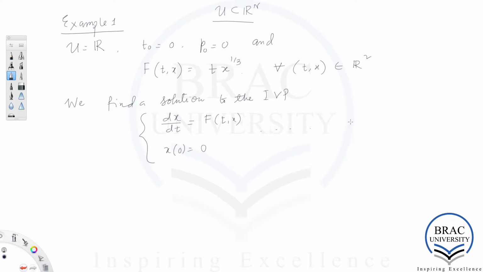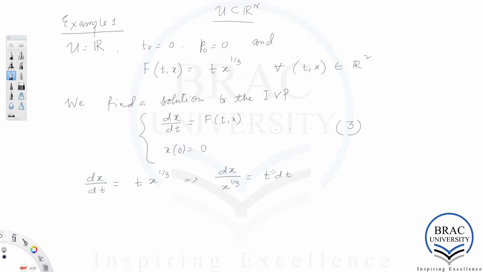This is the IVP that we are considering. Now we approach the problem by separation of variables, which leads us to dx/dt equal to t times x^(1/3), which gives us dx over x^(1/3) equal to t dt.